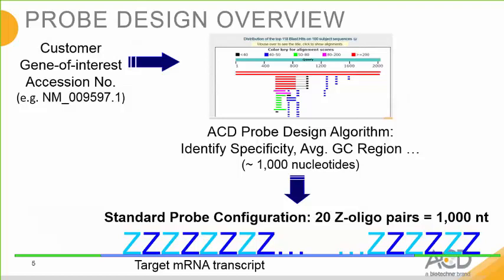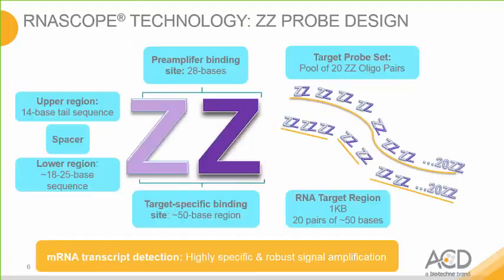Our bioinformatics scientists channel this information through the proprietary ACD alignment algorithm to select optimal sequences to ensure target specificity and uniformity of oligo hybridization in the assay. Our algorithm evaluates the sequence composition of each oligo in the pool to ensure no cross-hybridization with non-target RNA under stringent RNAscope conditions.